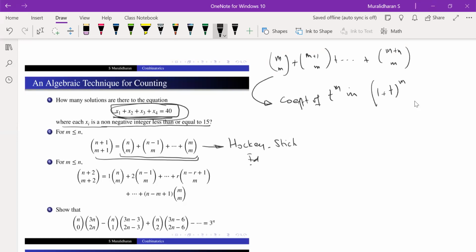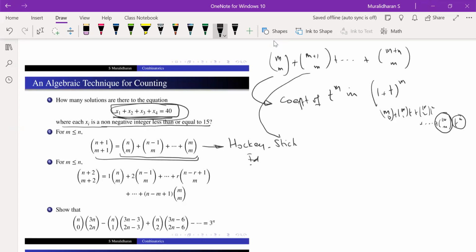Because with the binomial theorem, if I expand it, I will get MC0 plus MC1 into t, MC2 into t square, and so on up to MCM into t power m. So this MCM comes as the coefficient of t power m in this expansion.